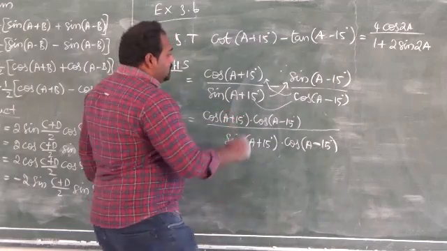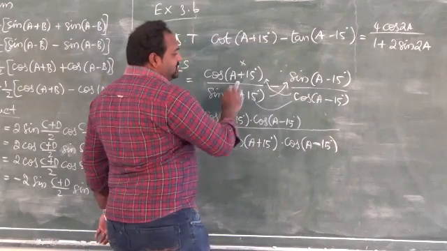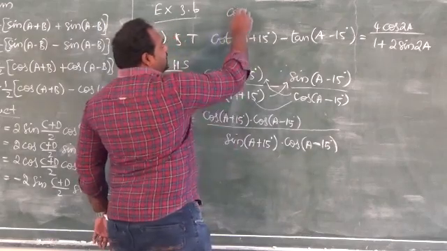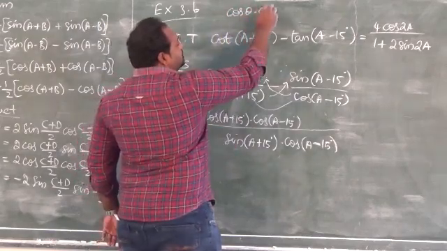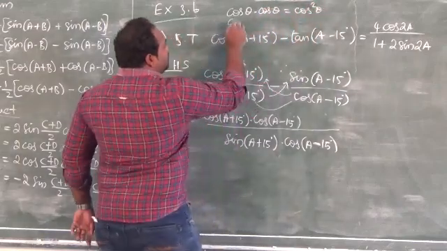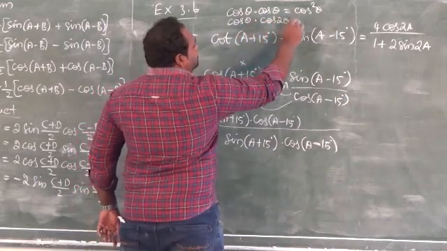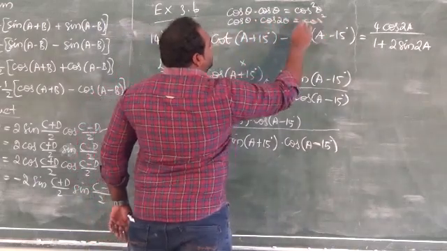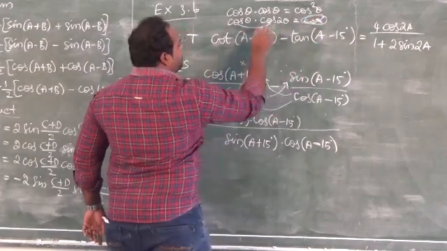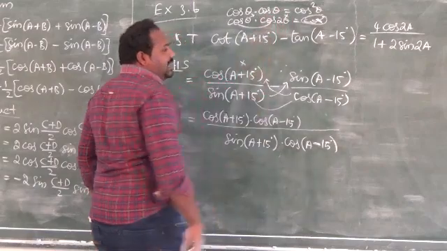Because that is wrong. Look at this, the theta value is different. Cos theta into cos theta is only cos square theta. Cos theta into cos 2 theta will not come as cos square. We cannot multiply these two because the arguments are different, not the same angle.